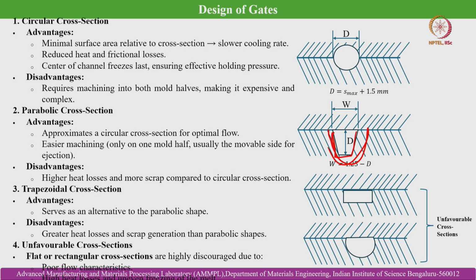And also this geometry like a half circle, in that case also high heat losses take place. Hence these two types of runner and in-gate cross sections are termed as unfavorable cross sections. And these 3 cross sections that we have discussed are termed as favorable cross sections for runner and in-gate geometry. Okay.